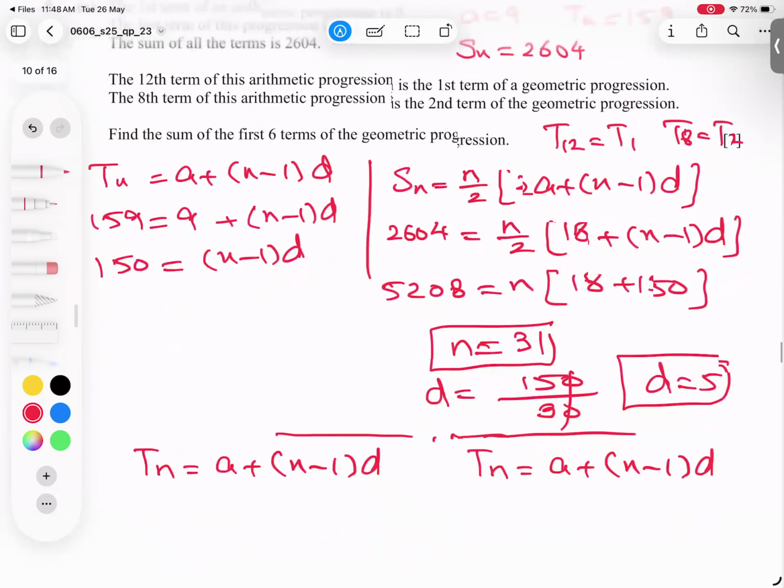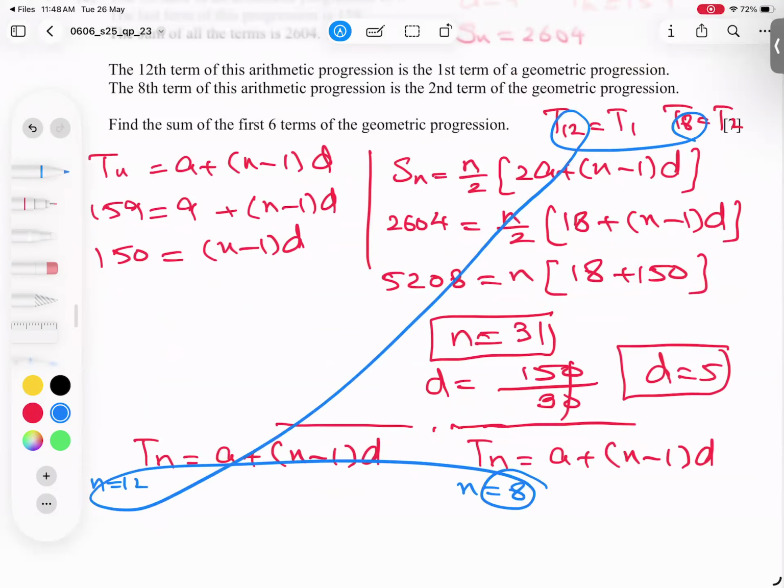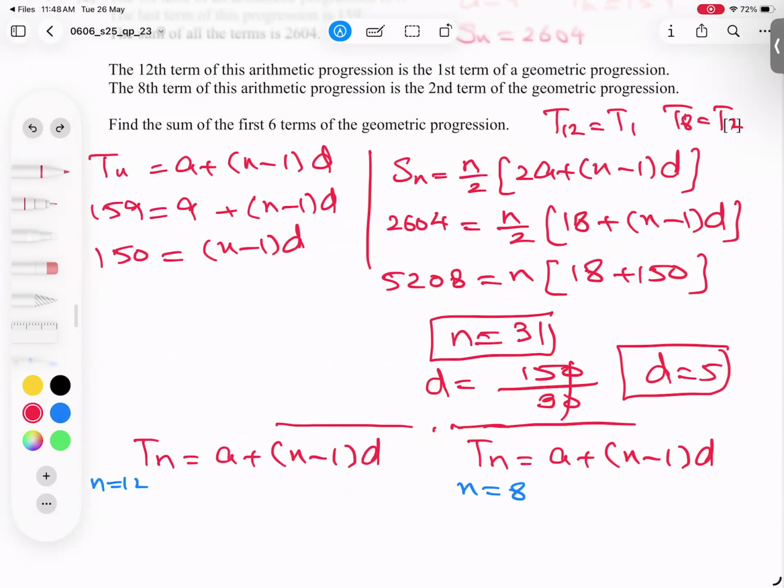One time I plug in n as 12, and one time replace by 8. So T12: the a value we have, that is 9, and we have 12 minus 1 and the difference is 5. So 9 plus 55, I got 64.